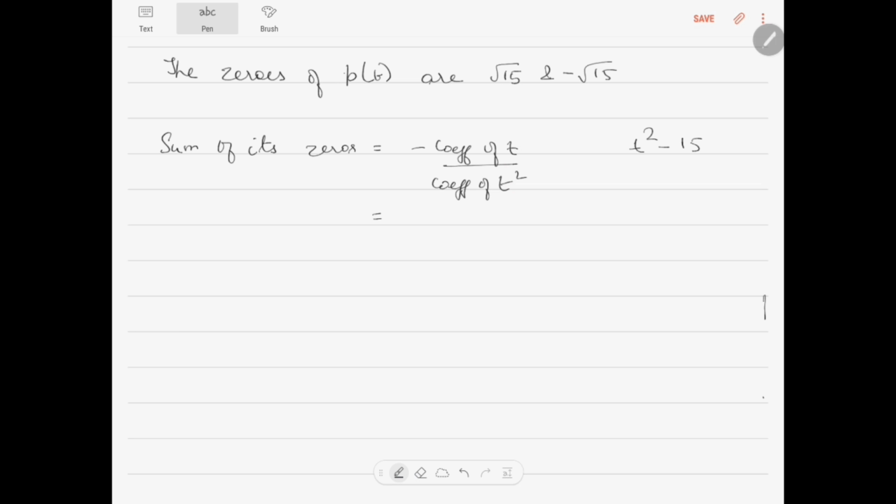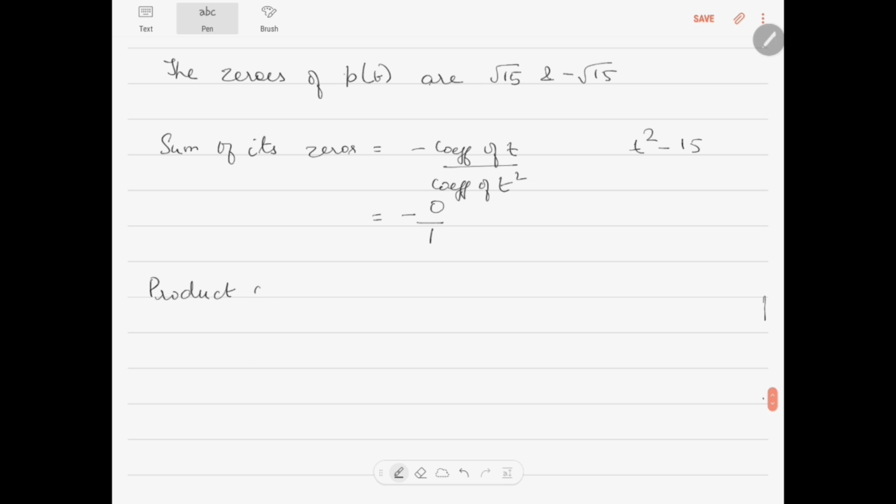So coefficient of t square is 1, coefficient of t is 0. So this will be minus 0 by 1. And the product of its zeros will be equal to constant by coefficient of t square. Here the constant is minus 15 by coefficient of t square.